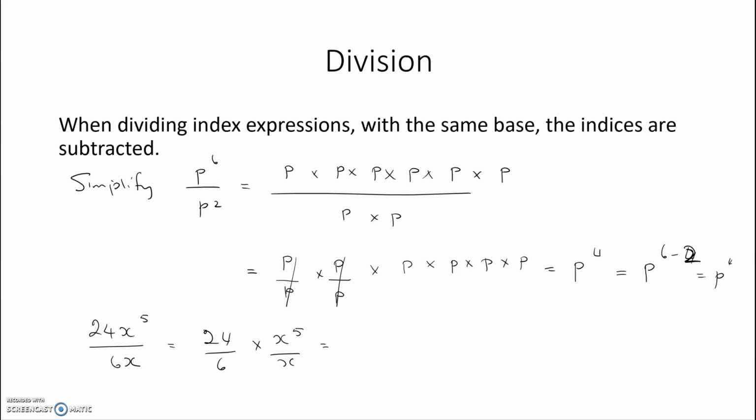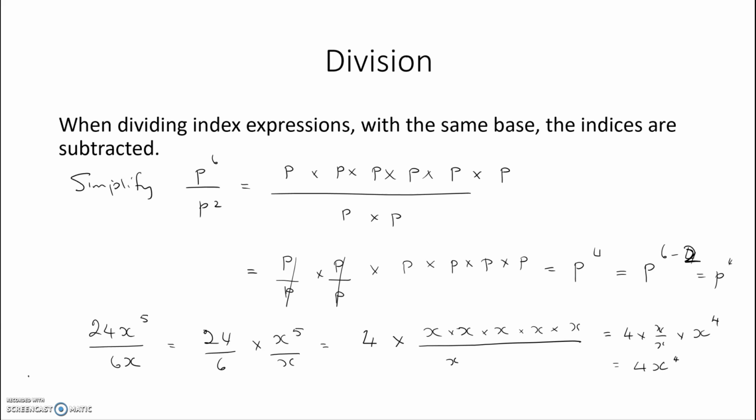So 24 over 6 is 4 times, now put the x's out, 1, 2, 3, 4, 5 over x, and we could do the same thing, so it's 4 times x over x times 1, 2, 3, 4. I'll just write that as that because I've run out of room. So that is 4x to the power of 4.